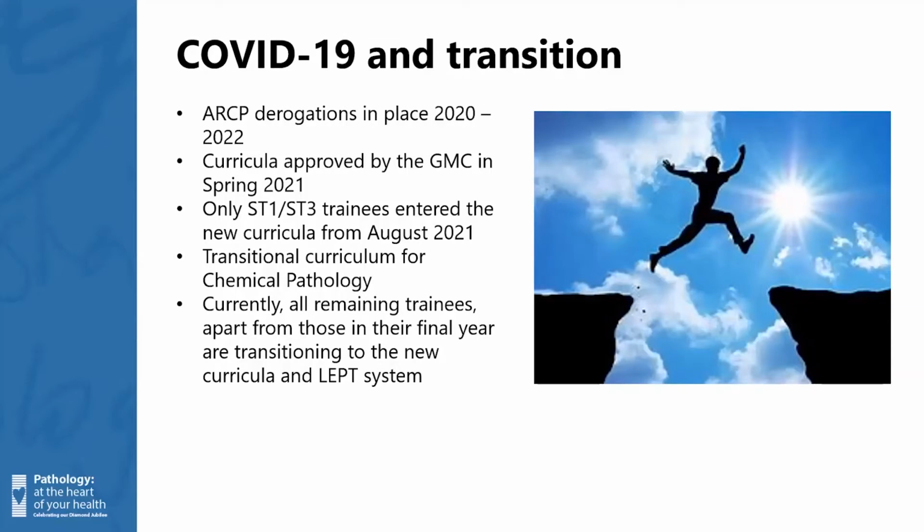Therefore, in August 2021, only the very new ST1 or ST3 trainees entering specialty training embarked on those curricula. There was a transitional curriculum for chemical pathology because they made some quite big changes to their entry requirements. And then from this spring, we have started the work of transitioning all remaining trainees over to the new curriculum, apart from those that are in their final year.